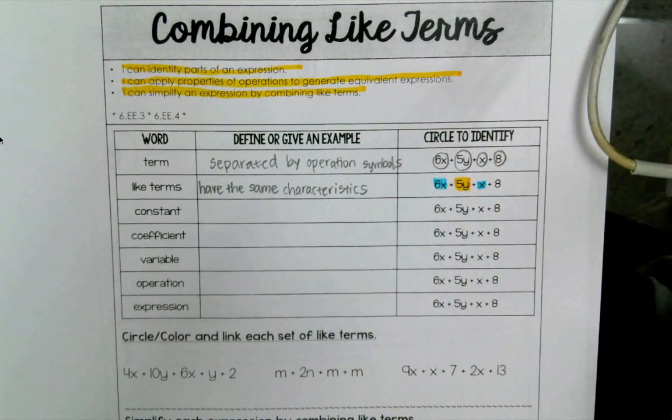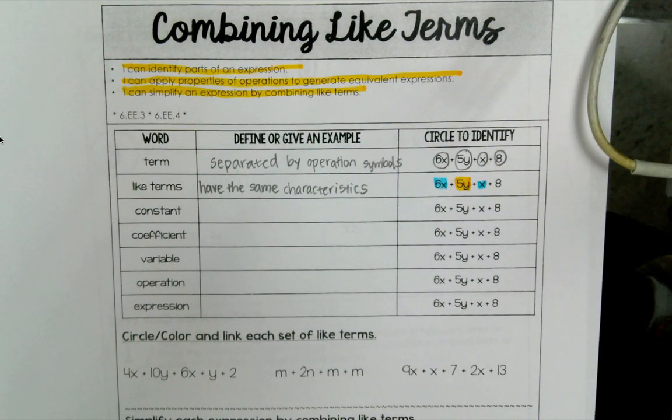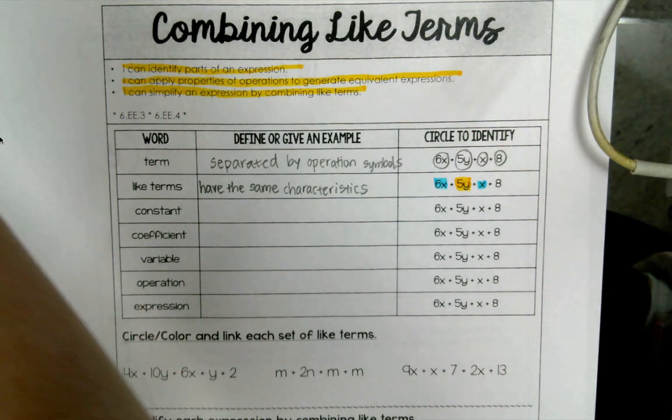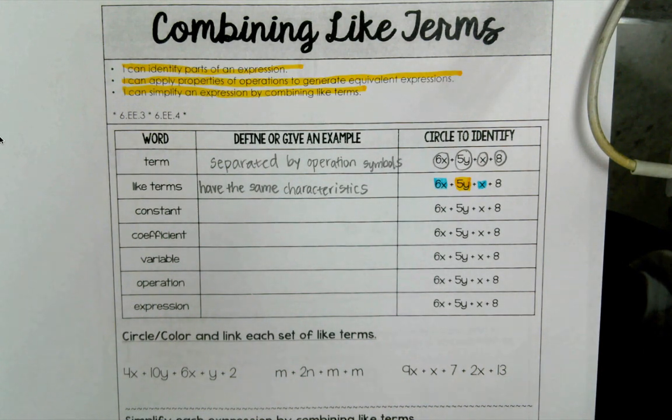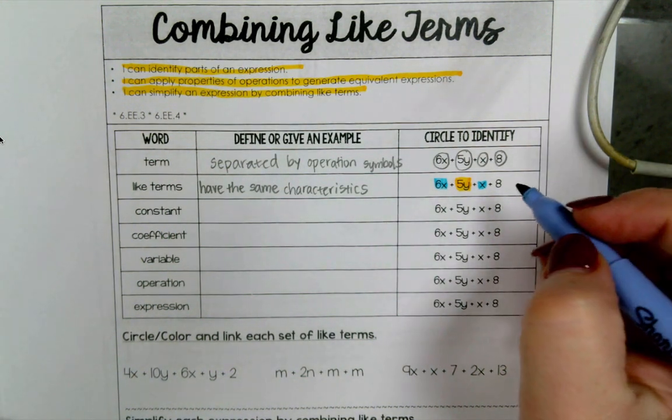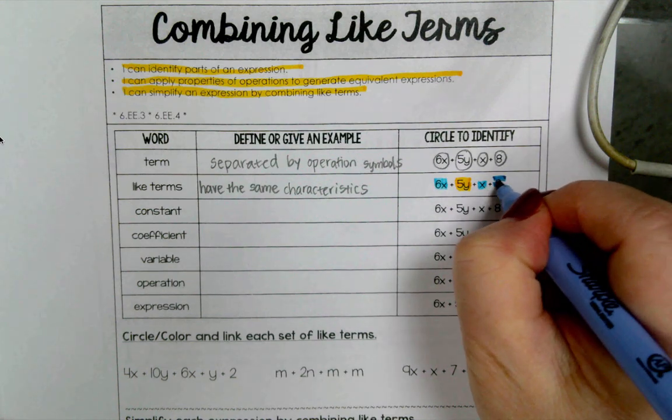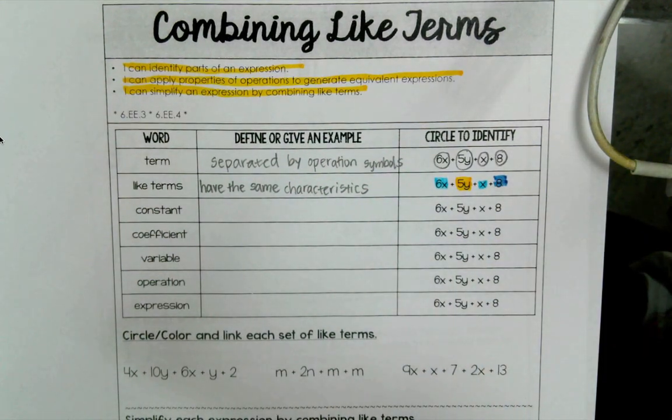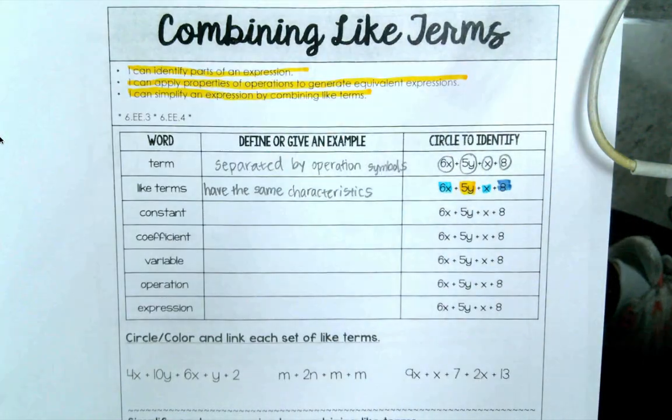Do I have any other terms that have the variable y? The answer is no. And then, all by itself, I have the constant 8. So as you can see, I have 4 different terms, but 2 are alike, and I have 2 other ones that are different from them.